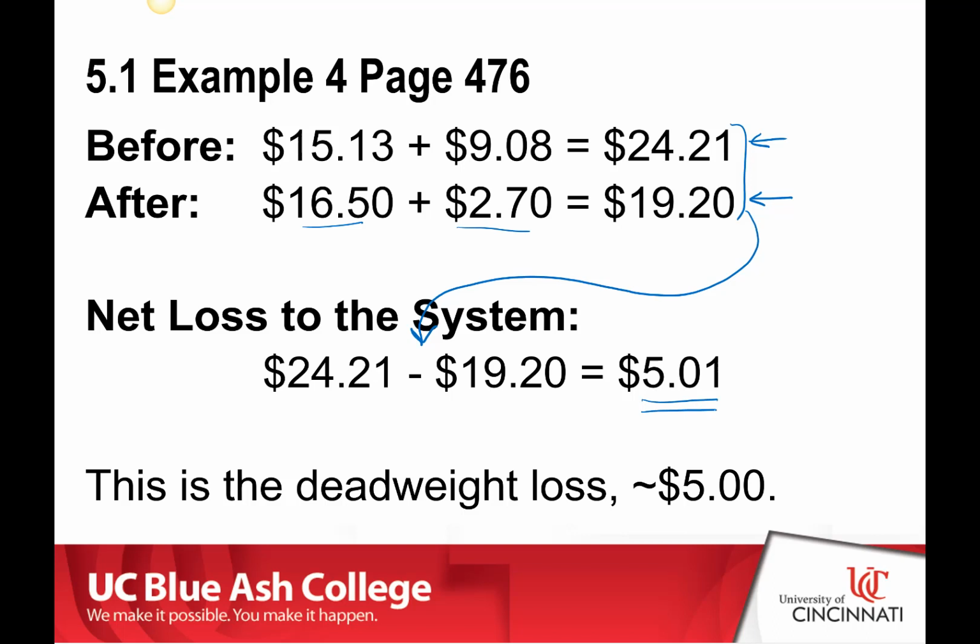Now, where did that extra penny come in? Because our deadweight loss, the net loss to the system, when we computed it was $5. This is our deadweight loss. This extra penny is the result of having rounded up on both sides.